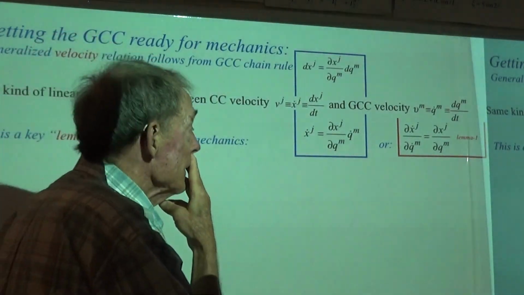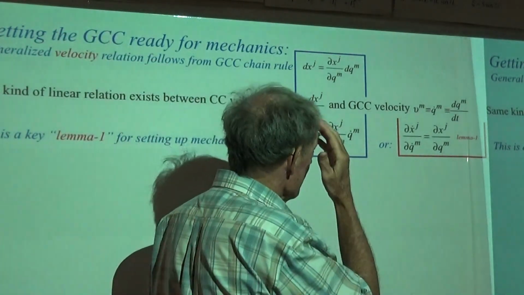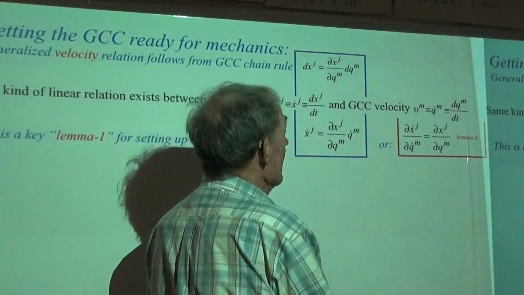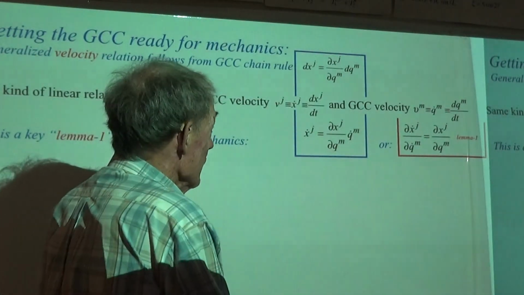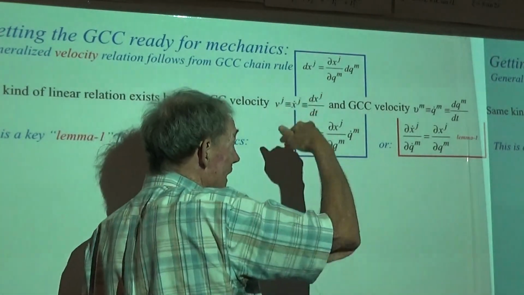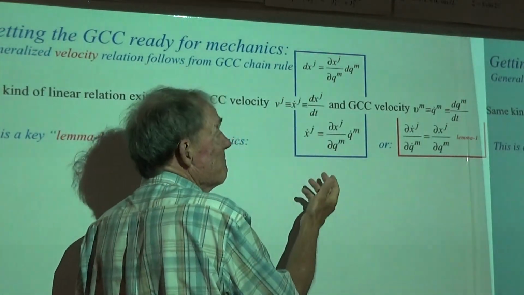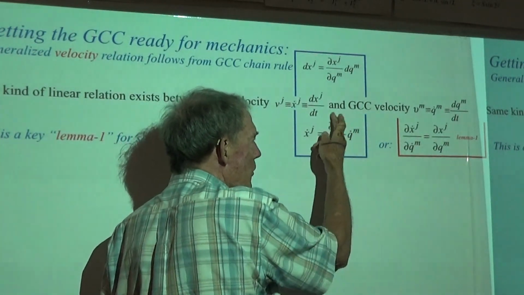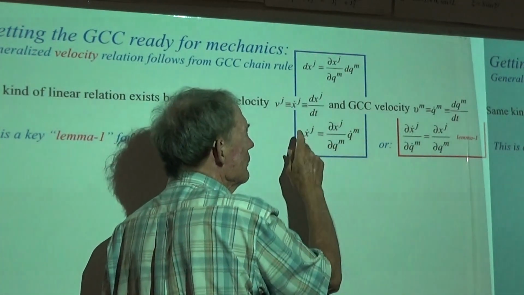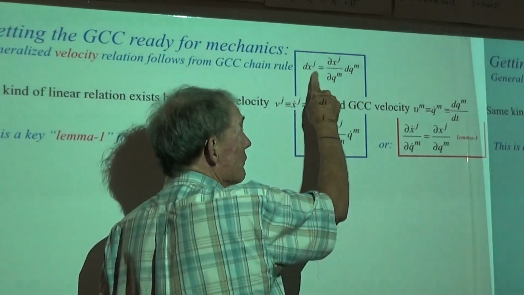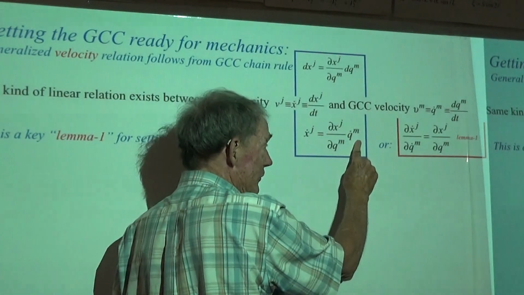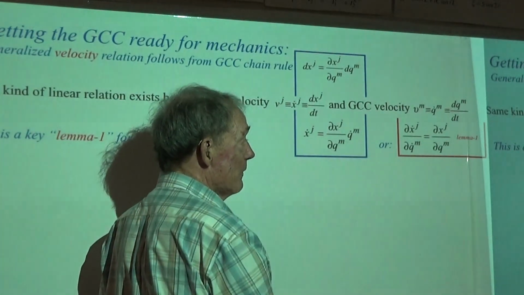But in any case, what this is showing us here is that when I take the derivatives of this, in other words, when I work with not dx, but dx dt, the t's kind of cancel in this fraction here. So the Jacobian matrix that I have to deal with for differentials, of course, is also the one that I deal with when I talk about the velocities that go with those coordinates.